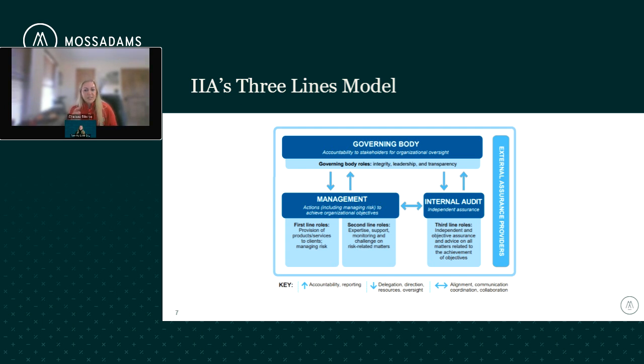But I wanted to point out in this illustration that internal audit really is a function within the system, and our external audit, or financial audit, is not going to be in the mix of these different bodies. So it's an important thing to remember.